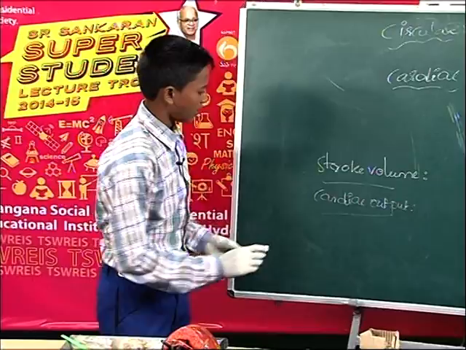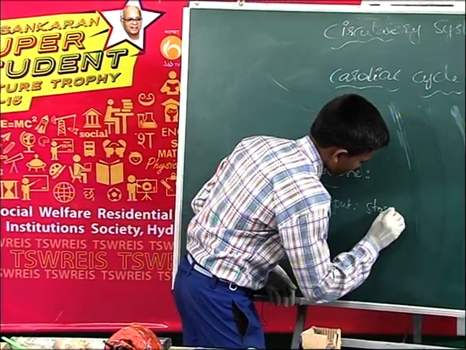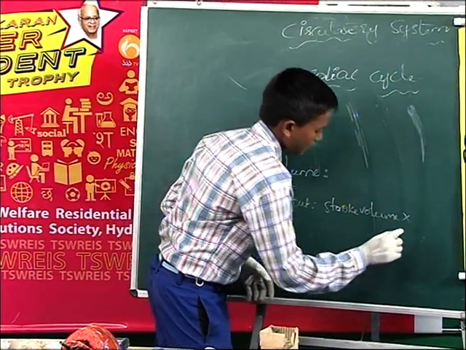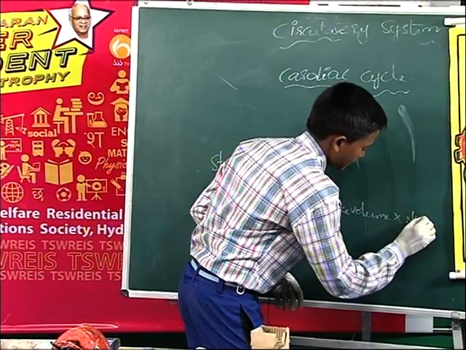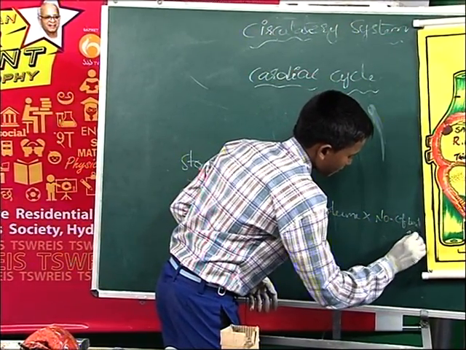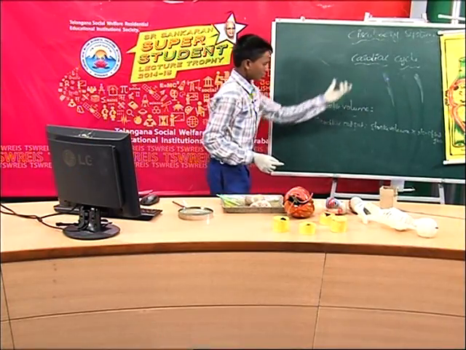So it equals stroke volume times the number of heartbeats per minute.